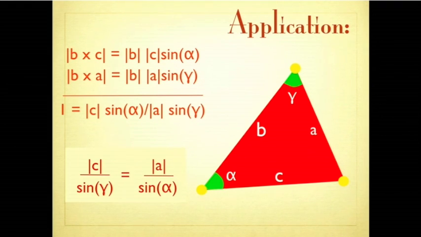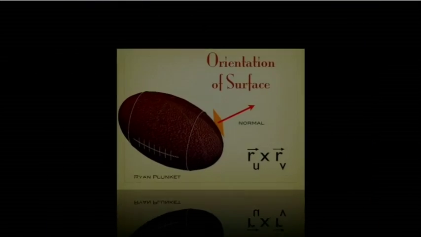So you get one on one side, and on the other side you get this, and if you solve this, you get this beautiful sine formula, which you might have seen in high school and just been thrown at you. But it's immediate from the cross product. So that's the cross product.